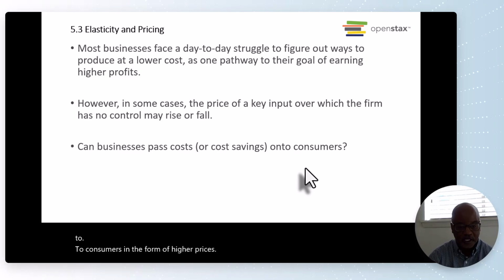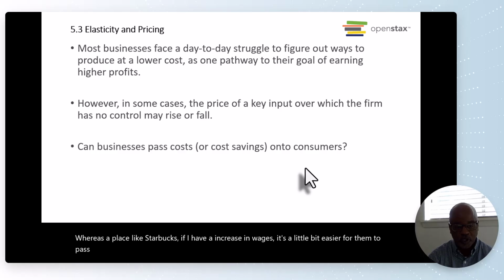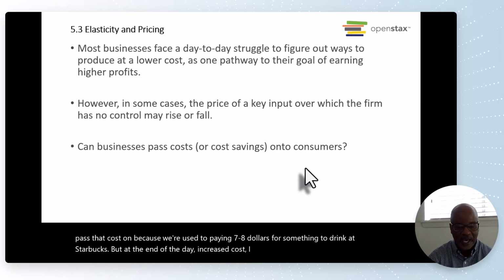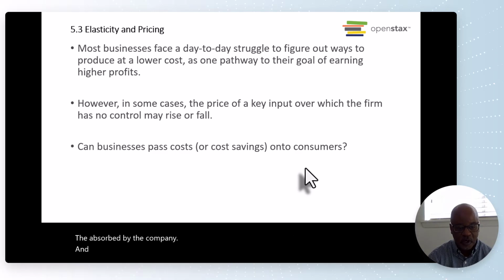Whereas at a place like Starbucks, if there is an increase in wages, it's a little bit easier to pass that cost on because we're used to paying $7 or $8 for something at Starbucks. But at the end of the day, increased costs, maybe high gasoline, those are input costs. That cost is either absorbed by the company and taken out of their profits, or passed on to the consumer in the form of higher prices.